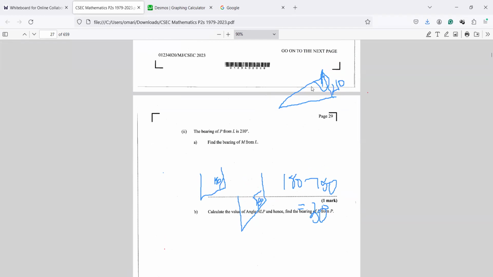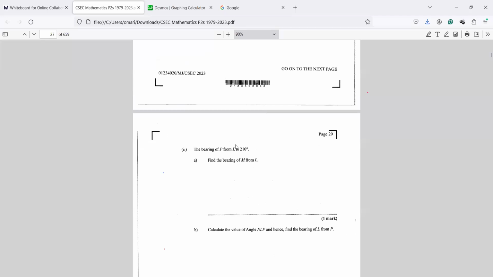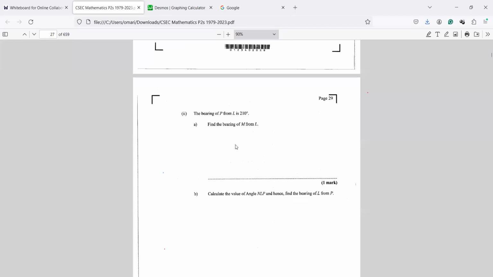Oh, that would be 127.2. Let me erase these. So the second part of the question is 127.2. And B is 30, yeah.